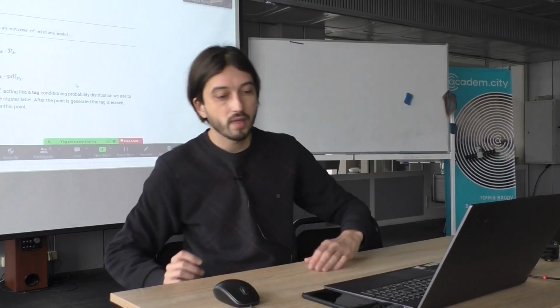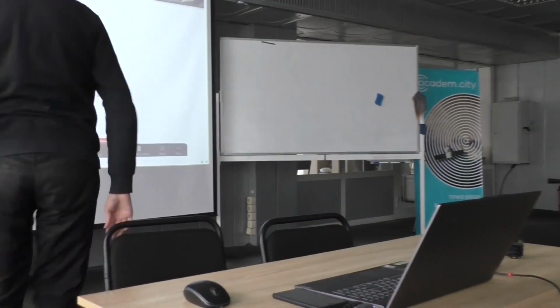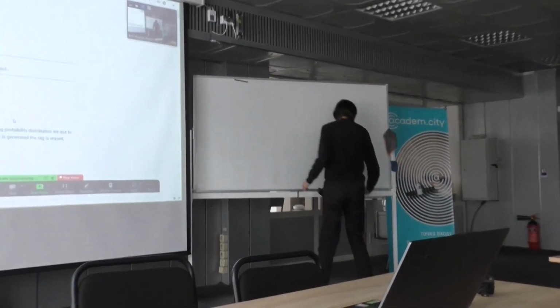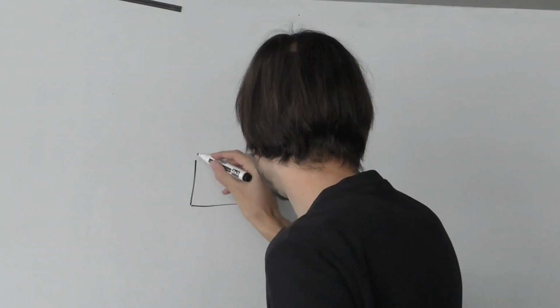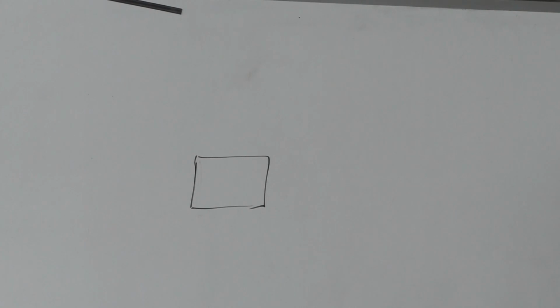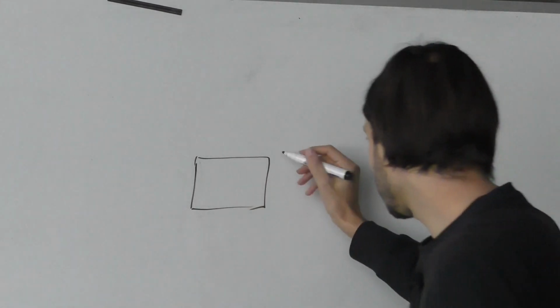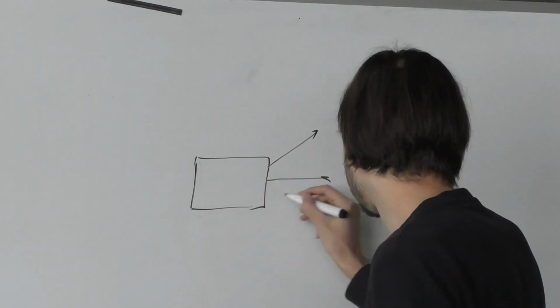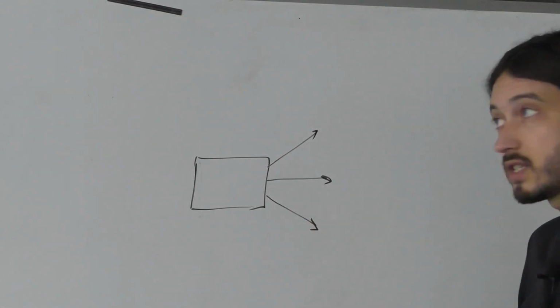I guess I should draw that on a whiteboard. So let me do that in a more graphical representation. So consider for a moment some sort of device. This device has, let's say, n outputs. Each of them can be activated with some probability.